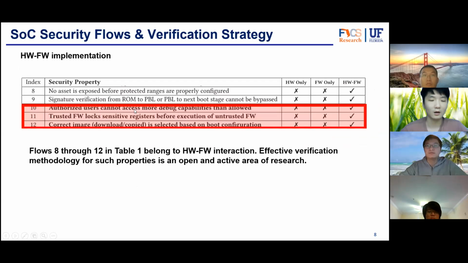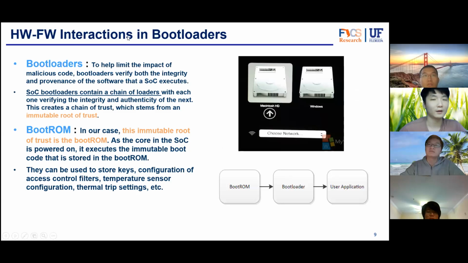We present our methodology and experiments on formally verifying security flows 10 to 12. Before we introduce the methodology of verification, here are some terms of hardware-firmware interactions in bootloaders.